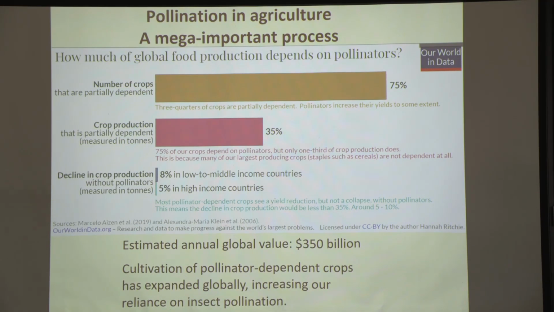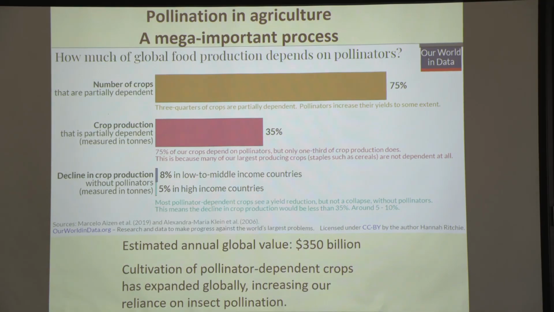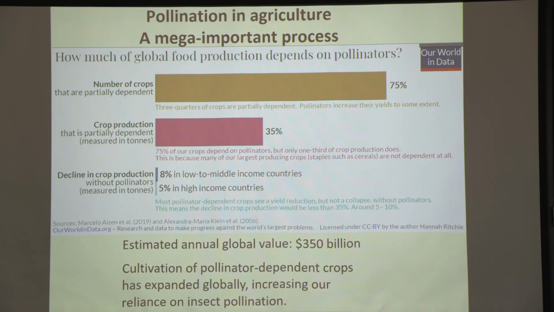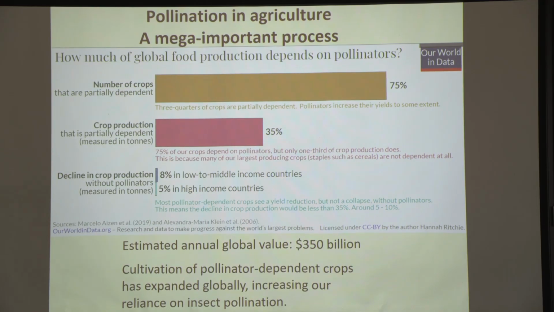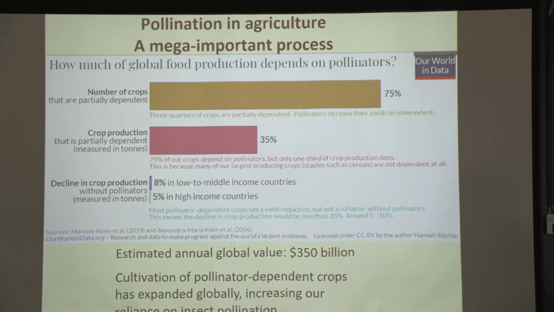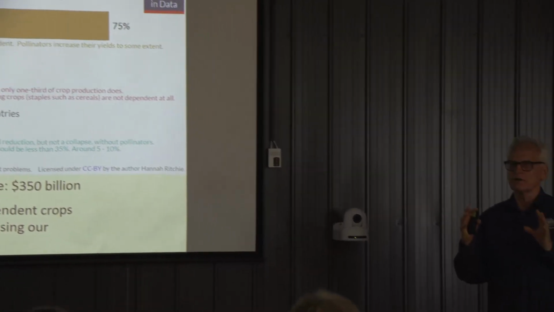Have you seen those pictures where someone's taken a picture of a normal greengrocer shop and then they've taken away everything that's insect pollinated? And this is what we've got left. So they're making the point how much we need pollination. It's a bit of an exaggeration. It's a bit of a media beat up, which is possibly not a bad thing to do. I'm not really knocking it.